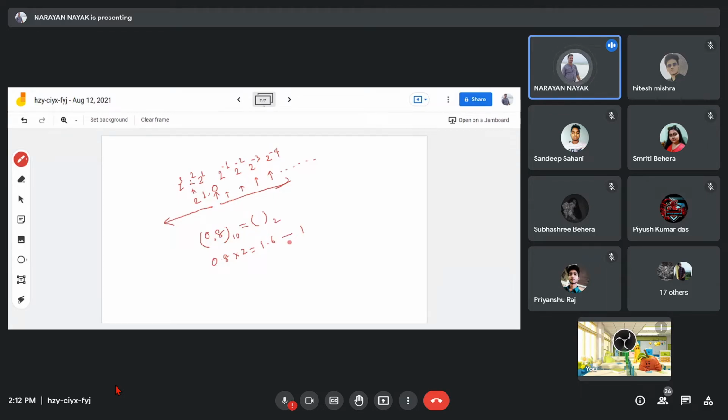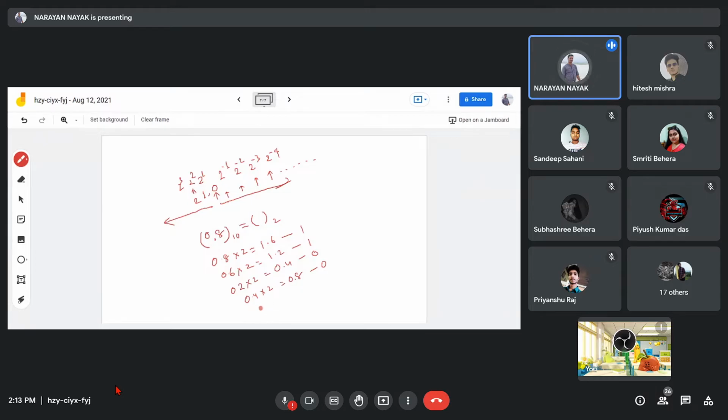The recorded digit is 1. 0.6, this is 1.2. The recorded digit is 1. 0.2 into 2, that is 0.4. The recorded digit is 0. 0.4 into 2, 0.8. The recorded digit is 0, like this. So it will continue.